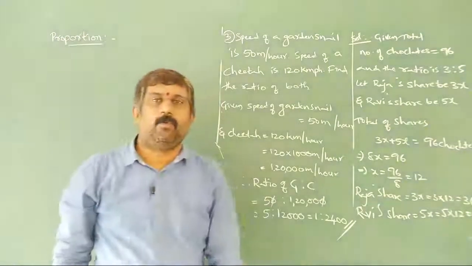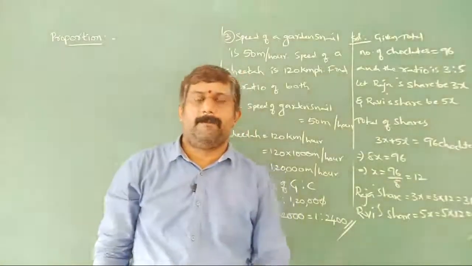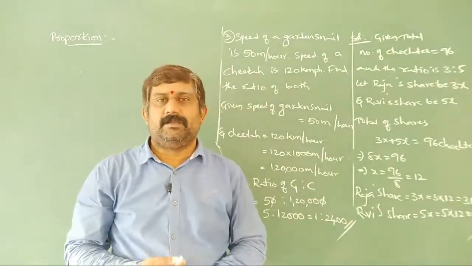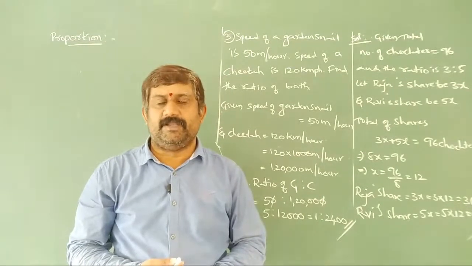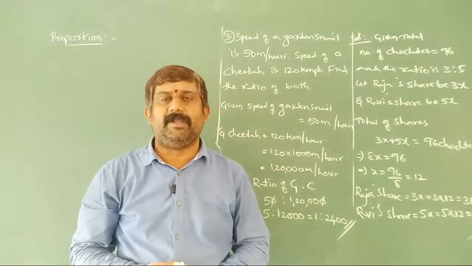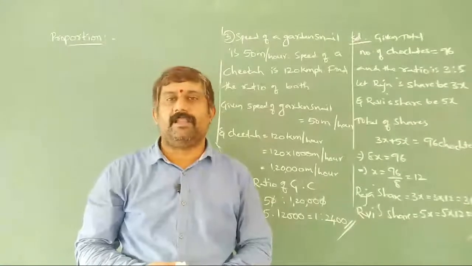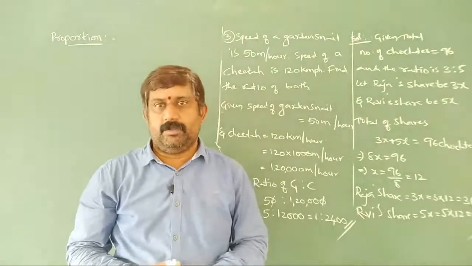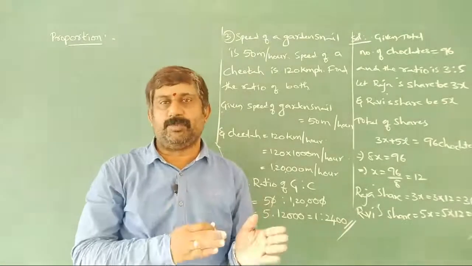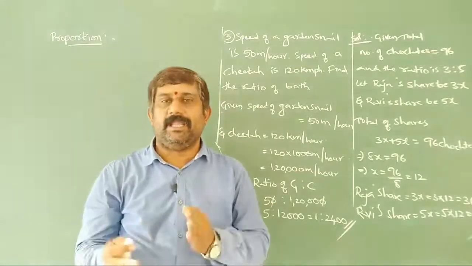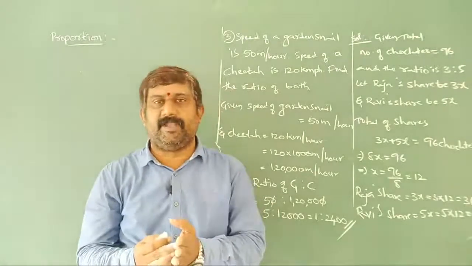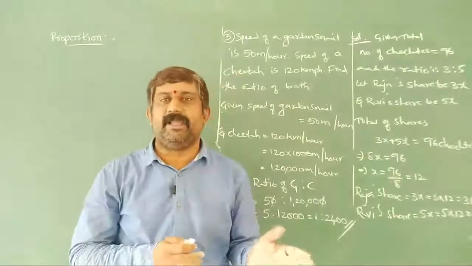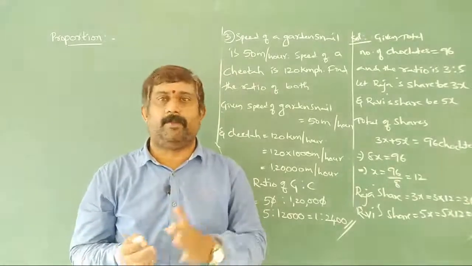Proportion. What is proportion? Proportion is nothing but two ratios. Whenever two ratios are equal, automatically we can say those are in proportion. Suppose A is to B, C is to D we are taking. If these two ratios are equal, automatically we can say A is to B and C is to D both are in proportion.